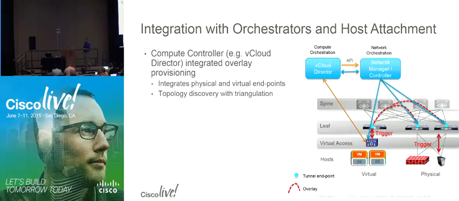On this slide, you see on top something called vCloud Director. Let's call it an orchestrator, just to be more general. It could be anything. On the other side, you have a network manager or network controller, or whatever you want to call it exactly. It's a tool which takes care of your network itself.